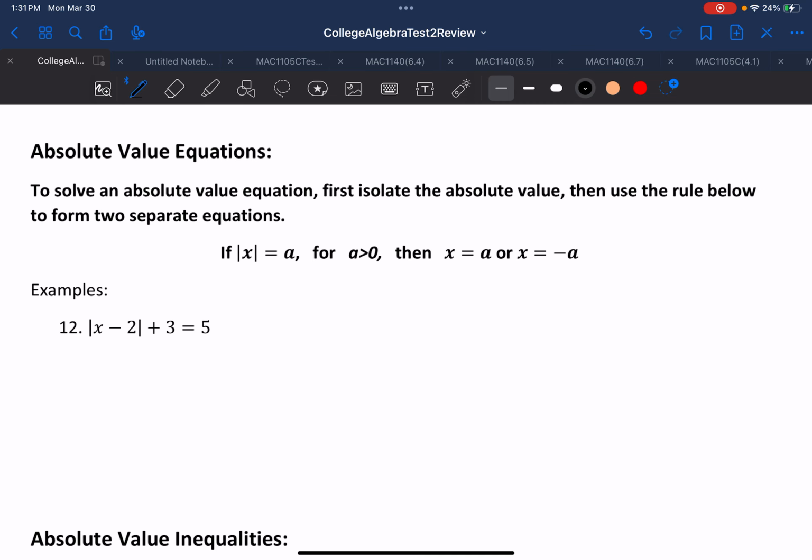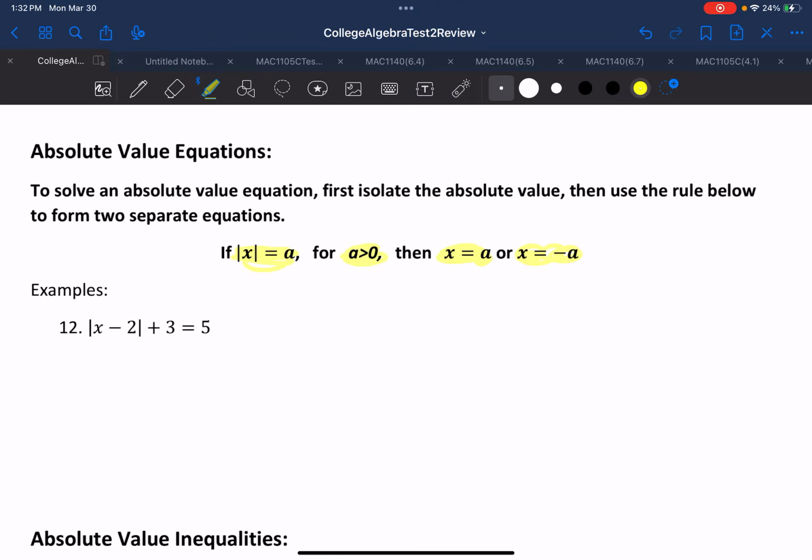And then we use this rule to form two separate equations. So once it's by itself, the absolute value of some expression equals some number a. As long as a is positive, then we would have the expression x in the absolute value equal to a or equal to negative a. So this is how we set up our two equations.